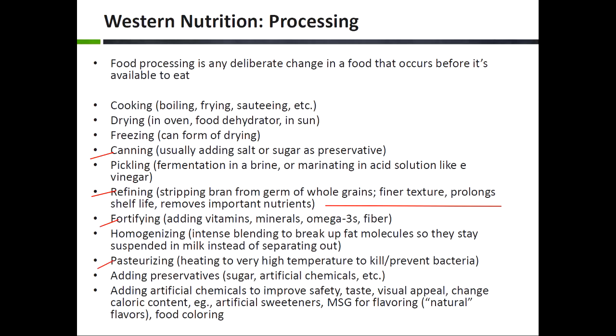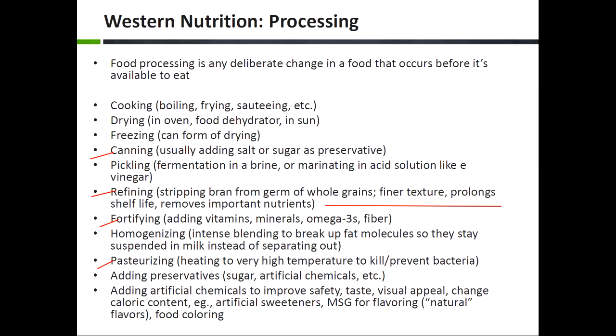There's also ultra pasteurizing, and I have another article I wrote on that which we can talk about. Homogenizing is basically, when I was growing up in India, when you got milk, there was always cream on top. There's no more cream on top anymore.